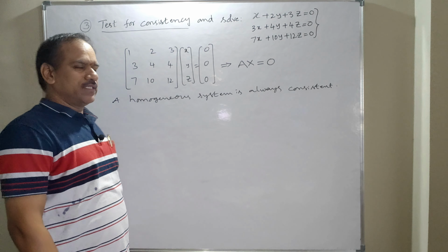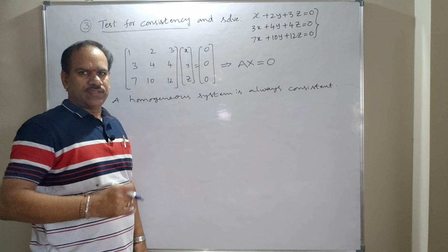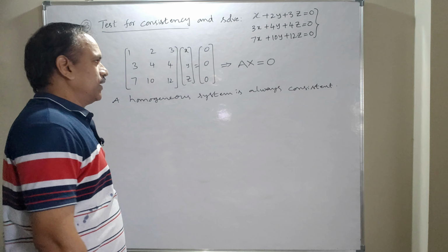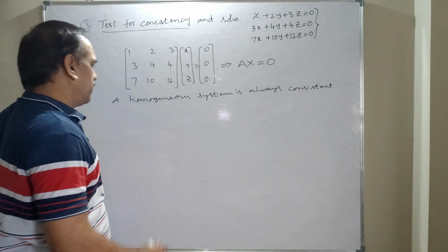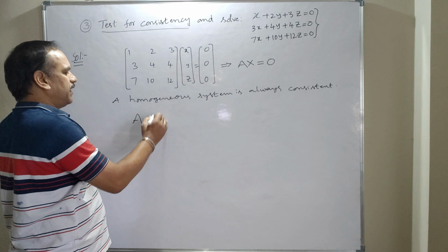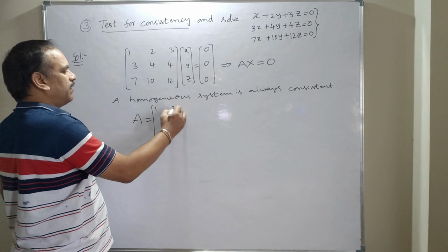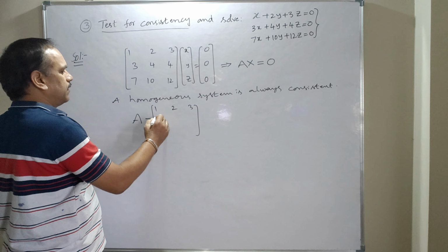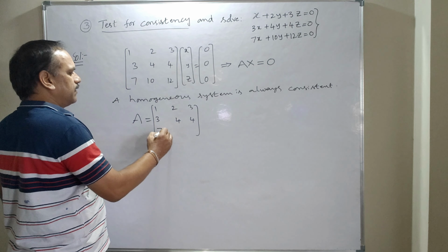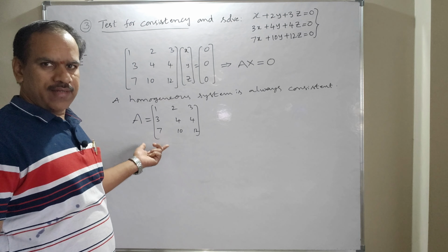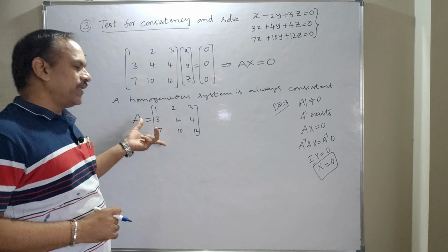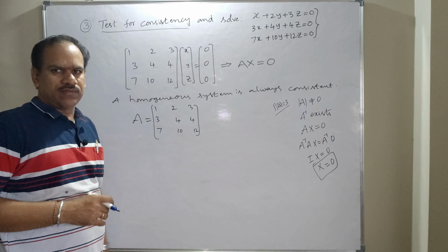Right, what we have to test is whether it is unique solution or infinite solutions. Here you need not write the augmented matrix like in the previous problems. Just write the matrix A. Take the matrix A 1, 2, 3, 3, 4, 4, 7, 10, 12. Right. Find the rank of the matrix A. When it is a 3 by 3 matrix, you need not reduce it to echelon form.